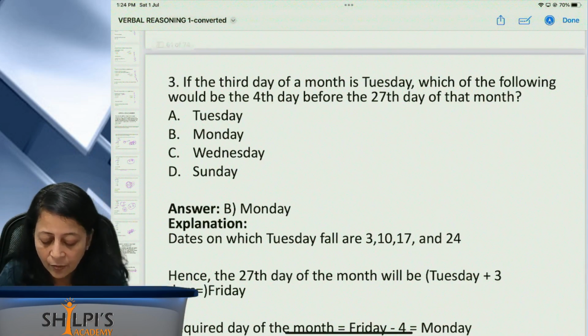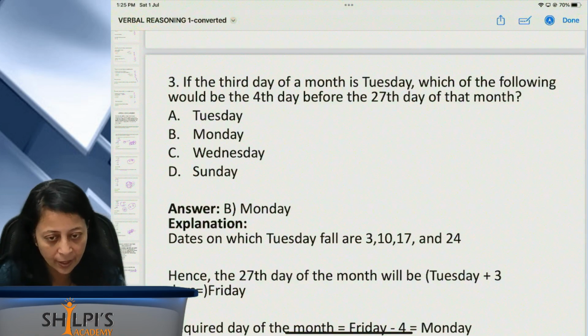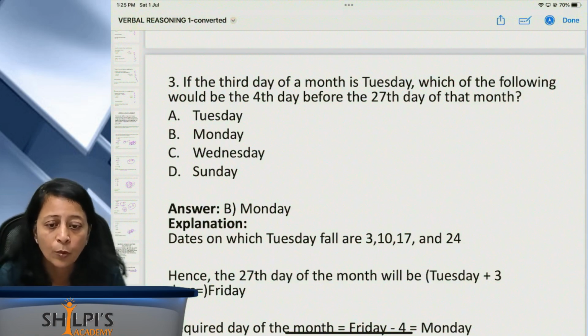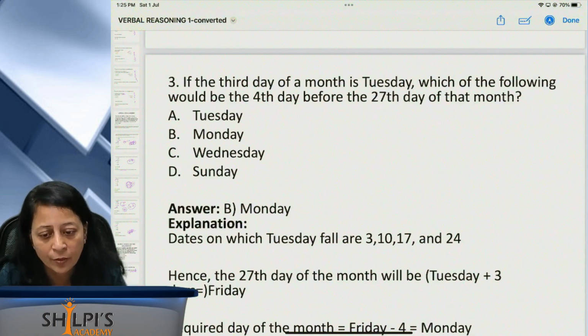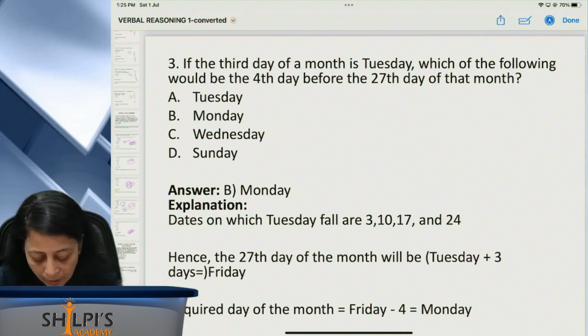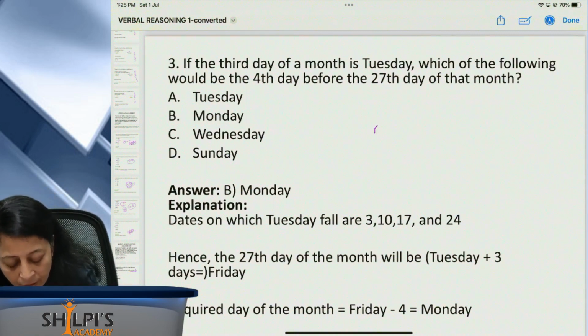Next is, if the third day of a particular month is a Tuesday, which of the following would be the fourth day before the 27th day of that month? Okay, the third day of the month is Tuesday, which means if 3 is Tuesday, the next Tuesday comes as 3 plus 7.